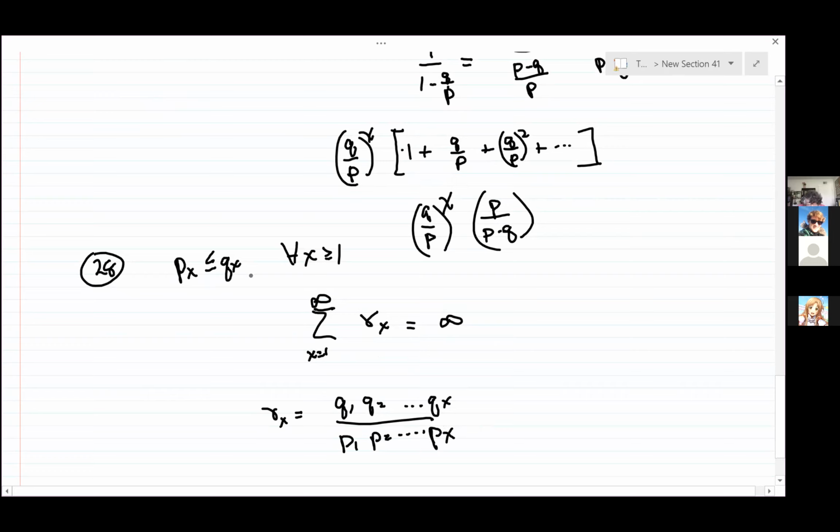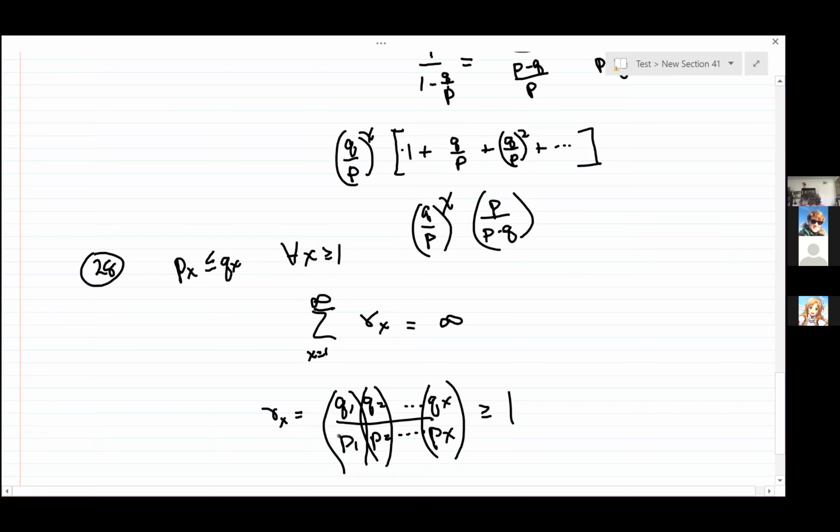But if you know that each of the Q's is bigger than the P's, that means this fraction is greater than or equal to 1, so is this one. Each of them is greater than or equal to 1. So when you multiply fractions that are each greater than or equal to 1, you get something greater than or equal to 1. By the assumptions in this problem, Qx is greater than or equal to Px from 1 on.